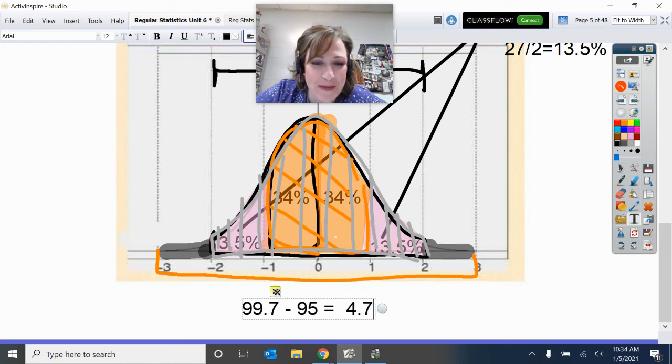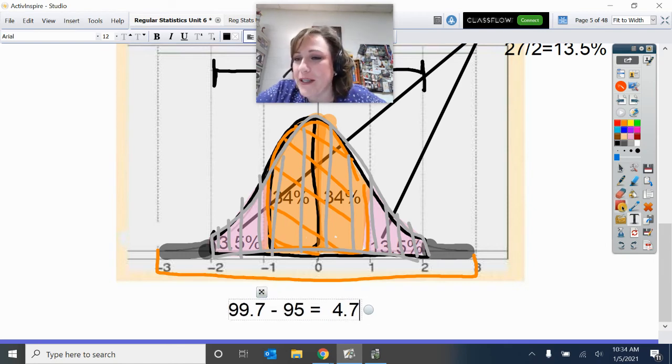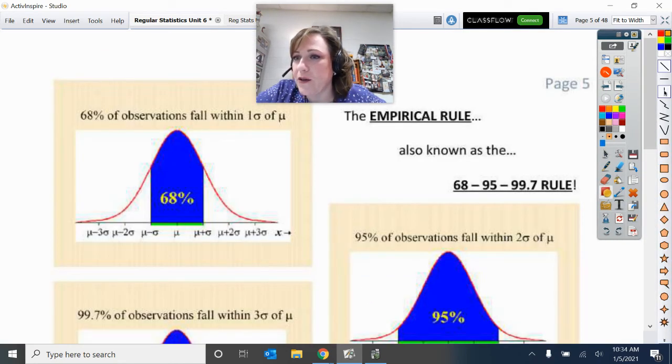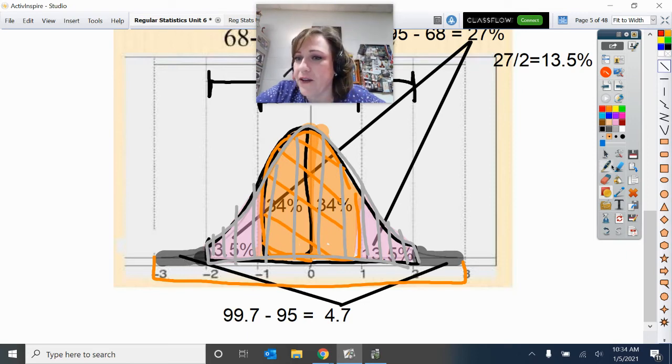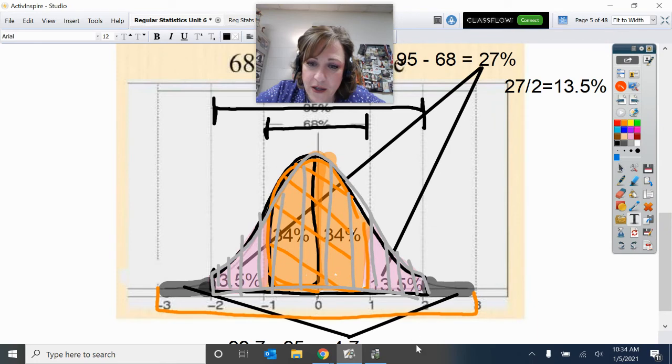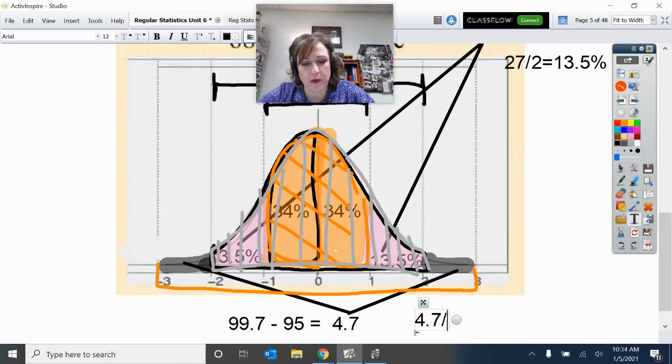So, what that tells me is that 4.7 is what remains between those two little sections. Okay, so 4.7 remains between that section right there and that section right there. That's a total of 4.7. So, how do I figure out what is in each one of those things? Well, 4.7 divided by 2, and that equals my 2.35.